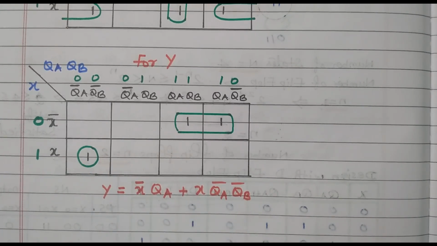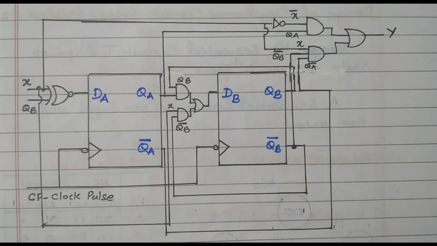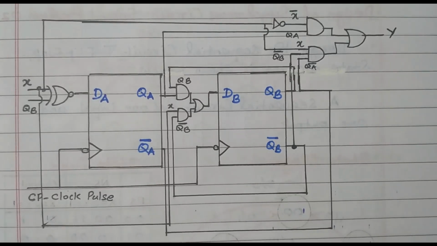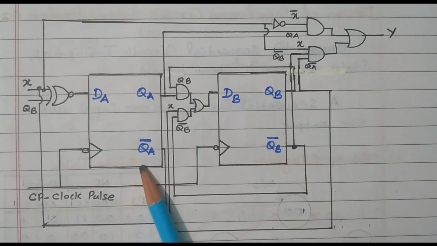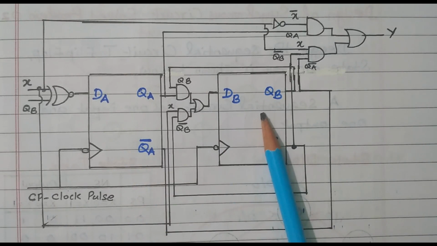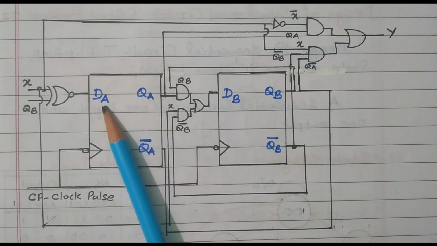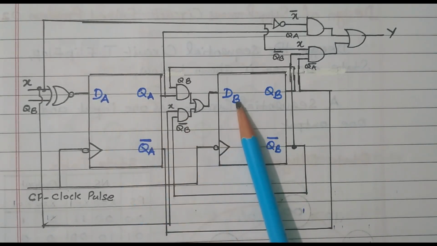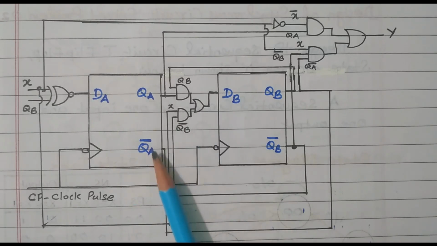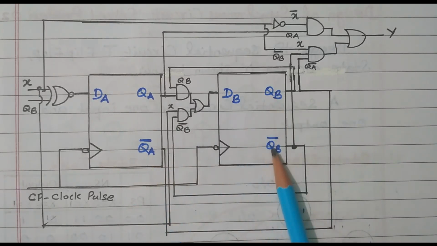Now, we will go to the implementation of these expressions using the logic gates. Now, we will see the design of this logic diagram. There are 2 D flip flops, with inputs DA and DB, and outputs QA bar and QB bar.